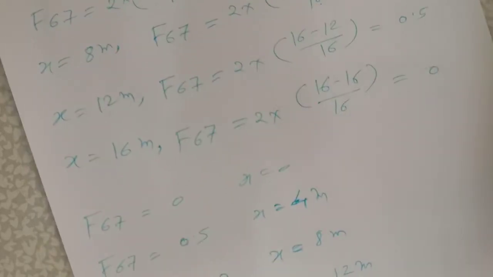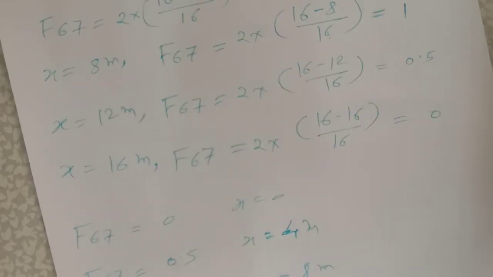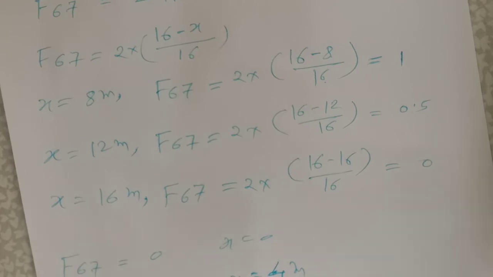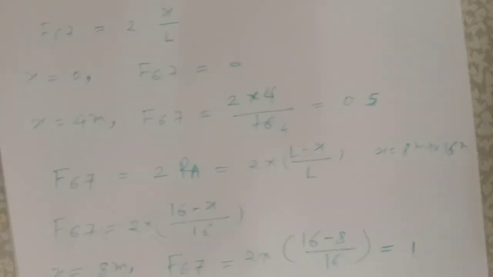And if I put x is equal to 16 meter, that is A and B, we get again 0.